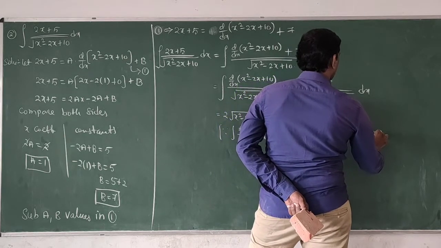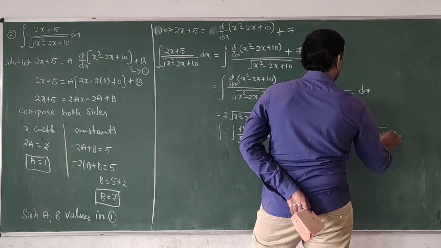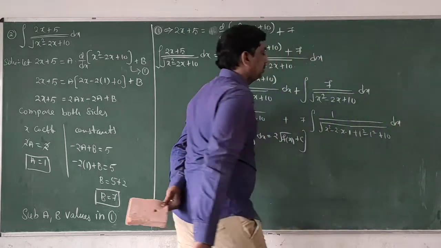Add 1 square, subtract 1 square, plus 10, into dx.